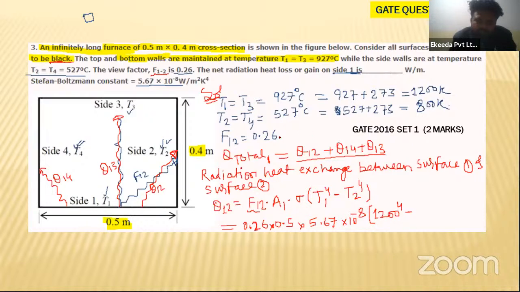Minus, what is the value of T2? This is 800. So you can directly take the value of 800 to the power 4. So my dear students, this will become equal to how much? Let us calculate it.